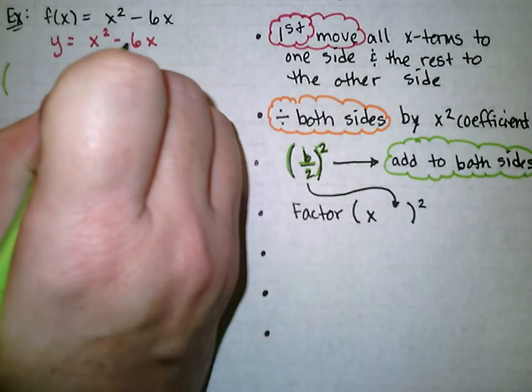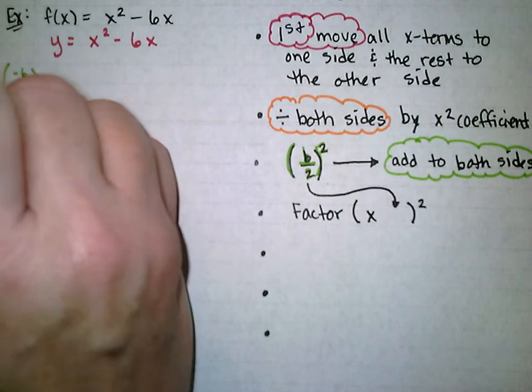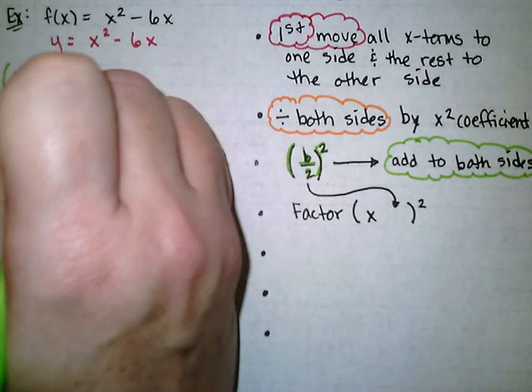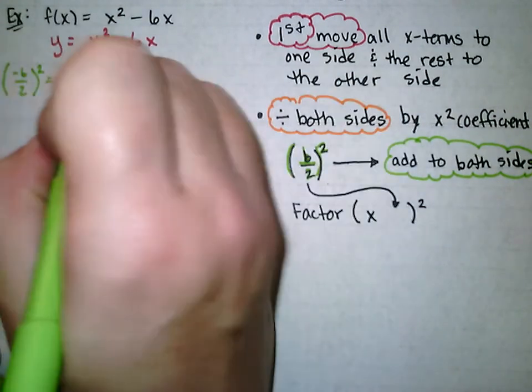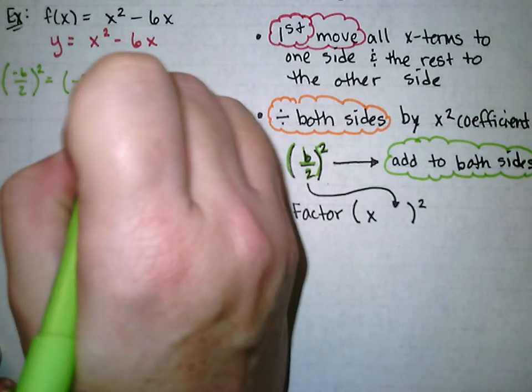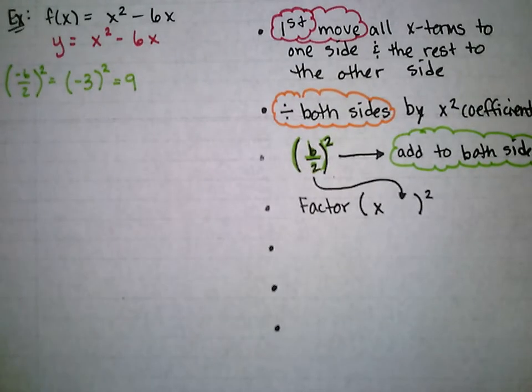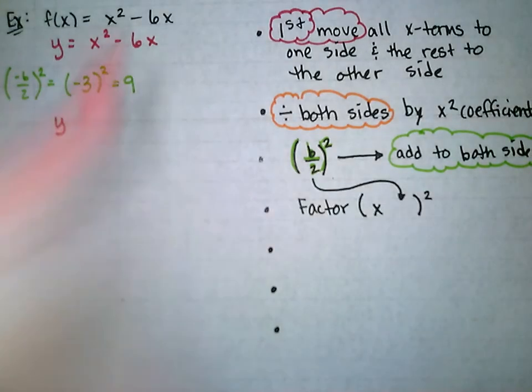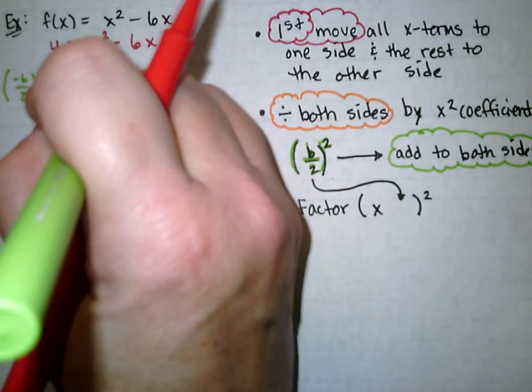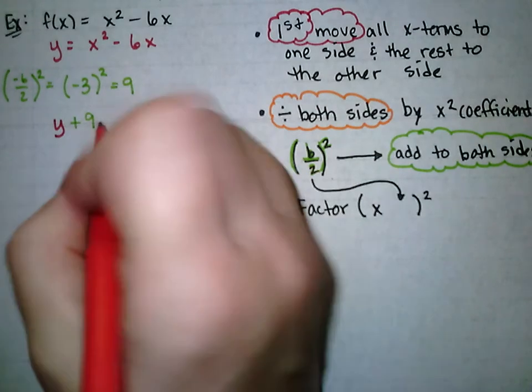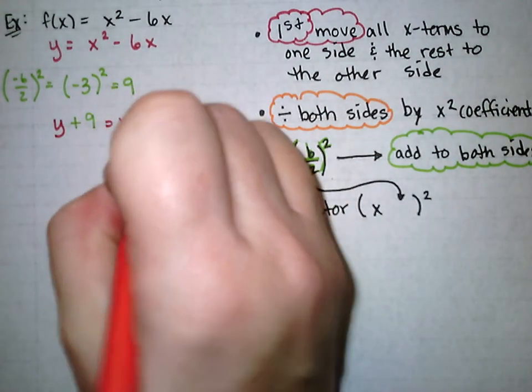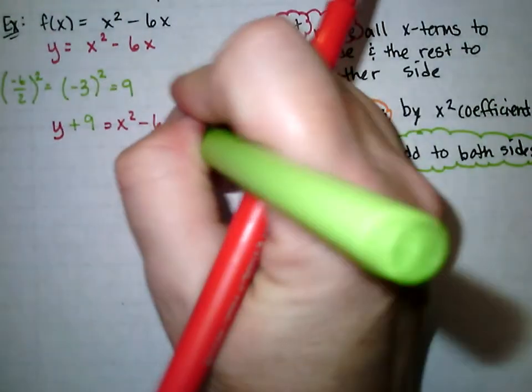So that's -6 divided by 2, which is -3. I'm going to square that, and 9 is the number I'm going to add to both sides. So I take my left side and I add 9. I take my right side and I also add 9.